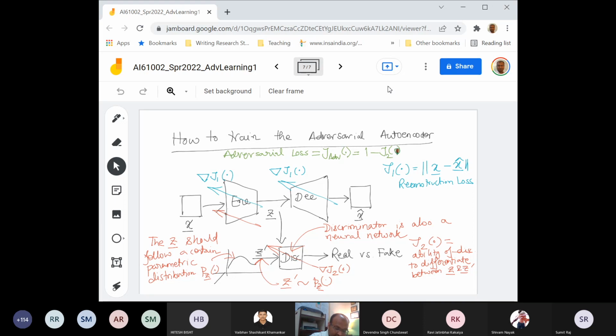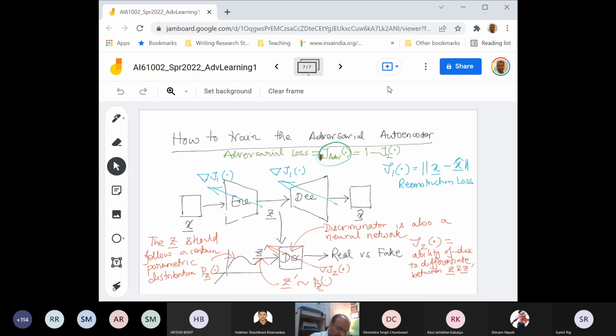The reason is that, say initially this Z is very different from this Z prime, then J2 is going to be very low. If that is very low, then the encoder should know that it has to modify itself, because whatever it's generating is not similar to this one. So now my adversarial loss is very high.